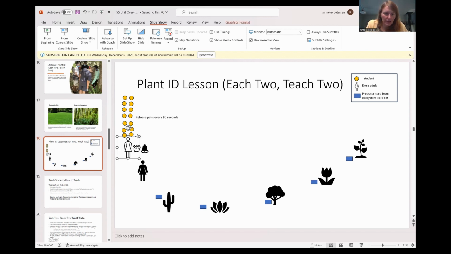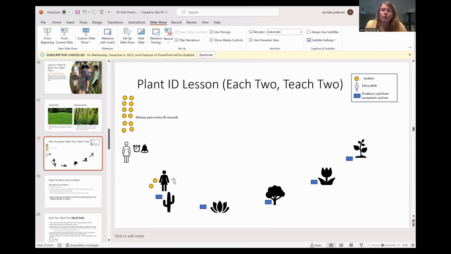We're going to send these two students down the trail. They should walk together, but I am just going to move them separately. They walk down the trail until they meet you, waiting for them at the first plant on the path.